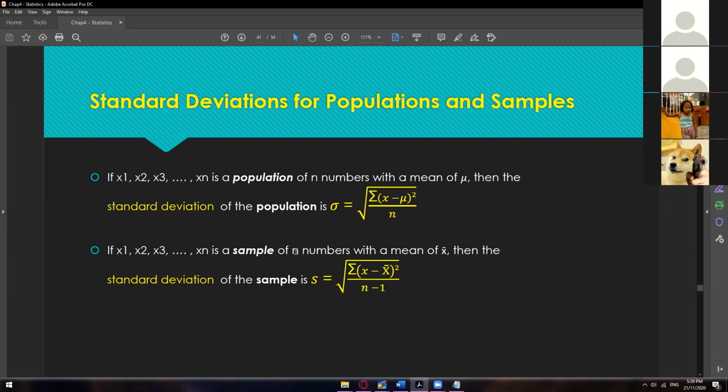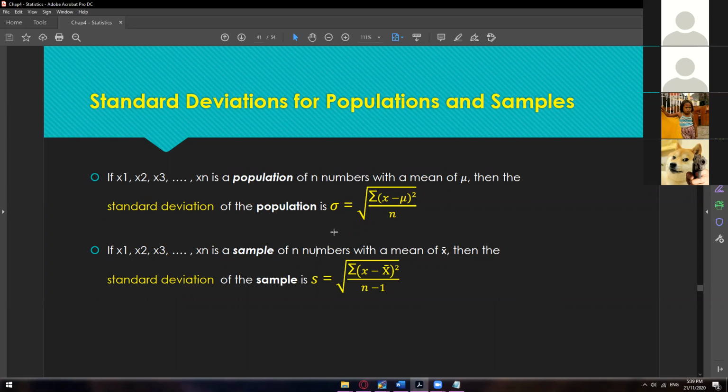The only difference is the denominator: for the population, divide by n only, and for the sample, divide by n minus 1. You won't have a problem using those formulas since it's open notes, so no worries about memorizing.